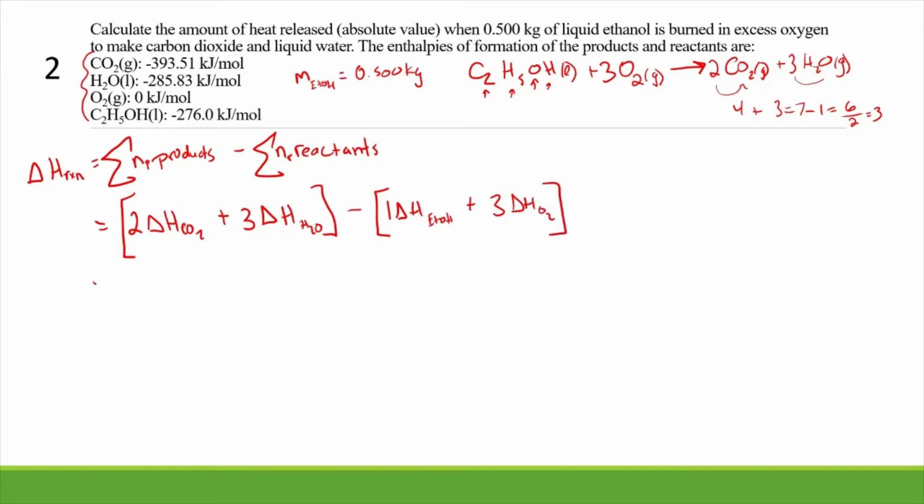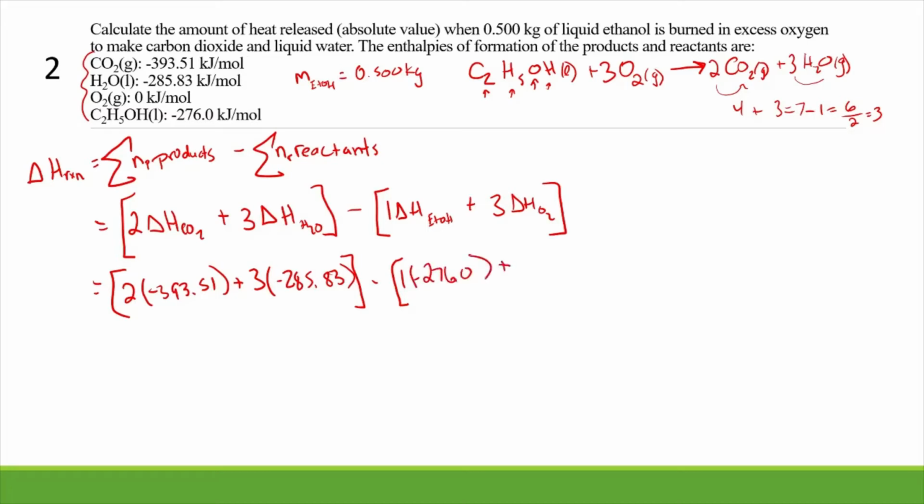So now we can fill in our numbers. So we have 2 delta H of CO2 is negative 393.51 plus 3 times delta H of water is negative 285.83. Everything is in kilojoules per mole, so we can write that in at the end if you want, but just make sure that your units are okay. Minus 1 times delta H of ethanol is negative 276.0 plus 3 times delta H of oxygen is 0.